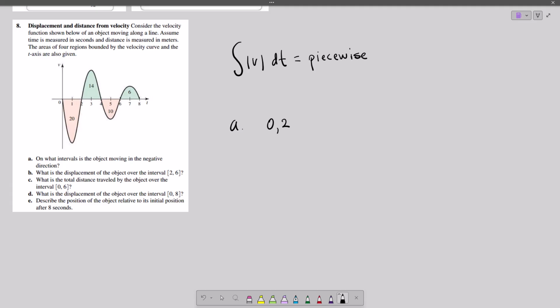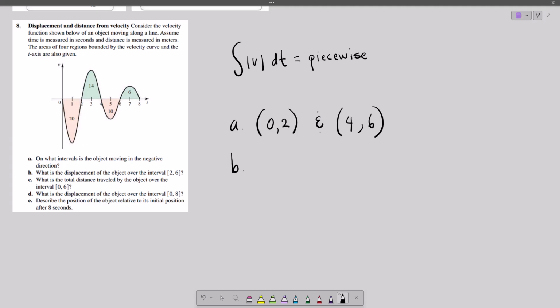So it can't be moving to the left if it's not even moving. So we'll use parentheses. So that interval, and then the second interval, 4 to 6. Same logic, right? At 4 and 6, the object's not even moving, no velocity, so we don't want to include those endpoints.